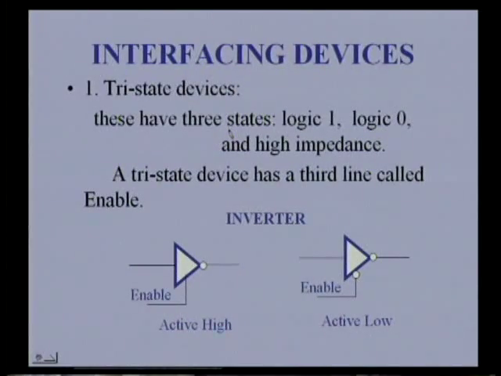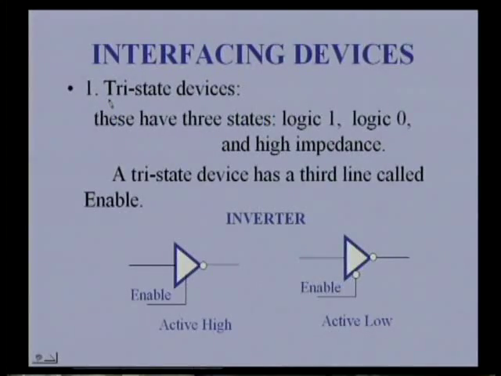Now let us see some of the most generally used interfacing devices. The very popular and required interfacing devices are tri-state devices. These tri-state devices have 3 states: logic 1, logic 0 and high impedance state.